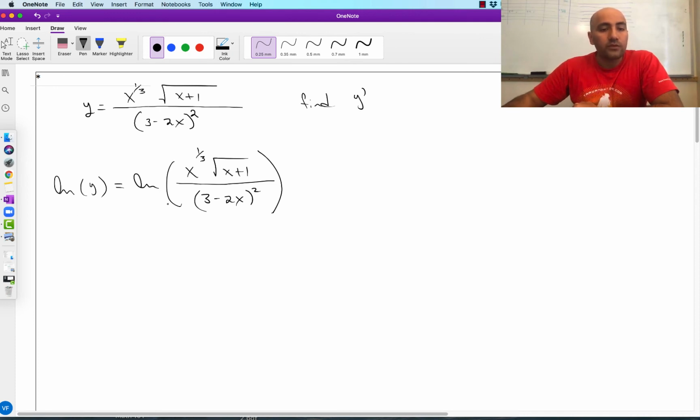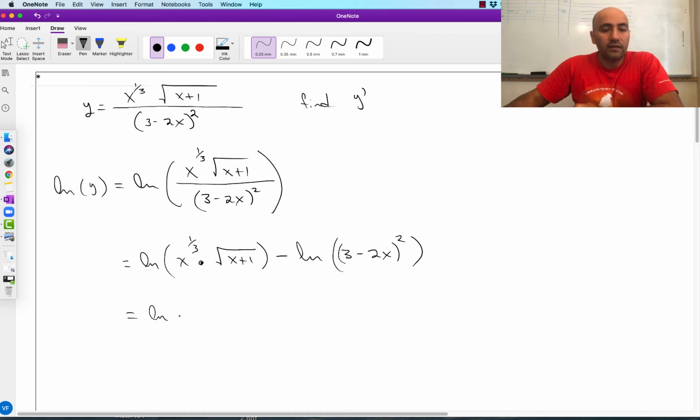So the reason we do this is because I can take advantage of properties of logs to break this ugly thing up into little pieces. For starters, if we're dividing a by b in the argument of a log, then it's equal to ln of the numerator minus ln of the denominator. Next, if we're multiplying two terms in the argument of a log, a times b, that turns into addition.